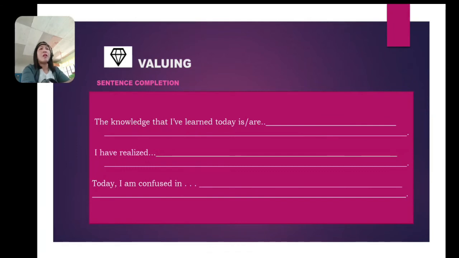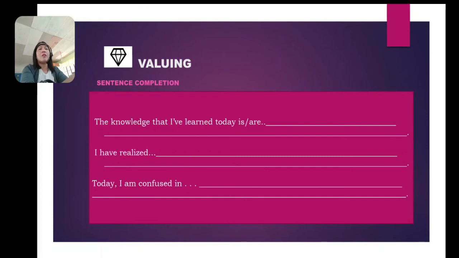So here are the sentences. First: the knowledge that I've learned today is blank. You're going to complete the sentence. Second: I have realized that, and you complete the sentence again.